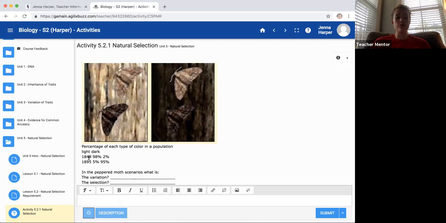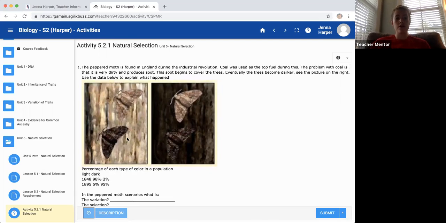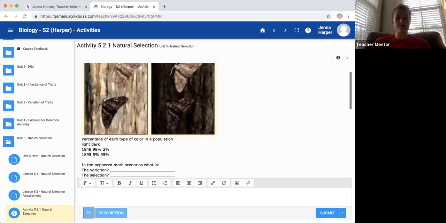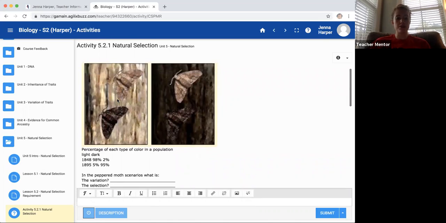In 1848, which was before the Industrial Revolution, 98% were light and 2% were dark. But in 1895, after coal boomed and we have all this soot, now 95% are dark colored moths and only 5% are light colored moths.